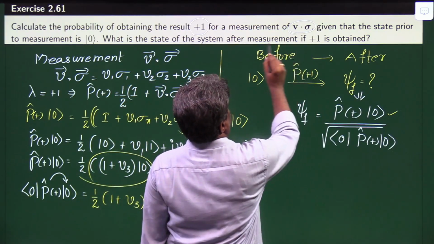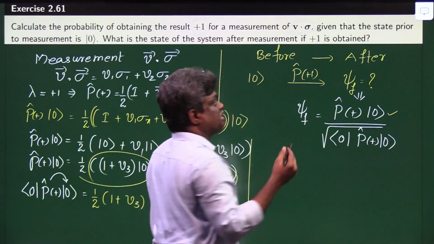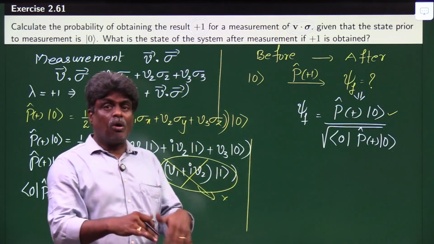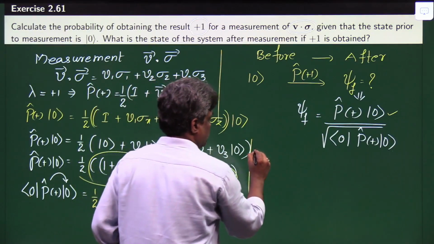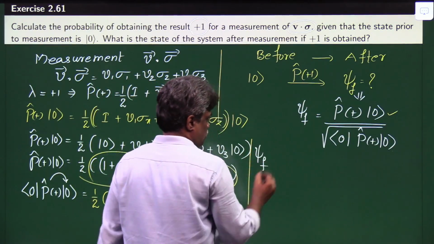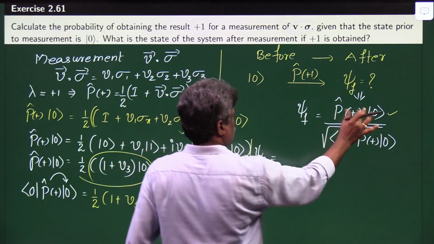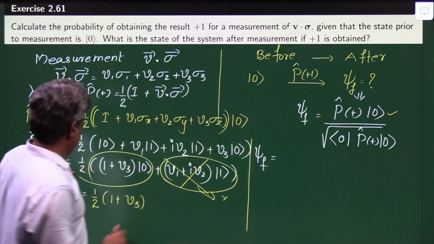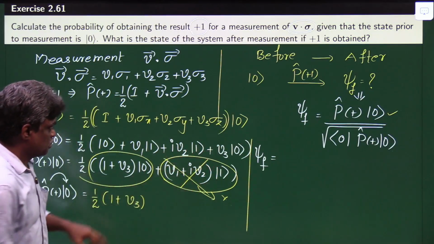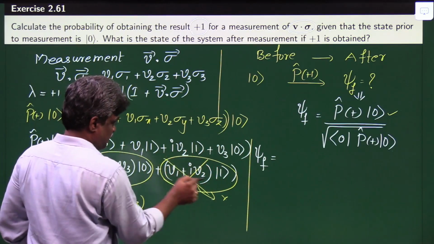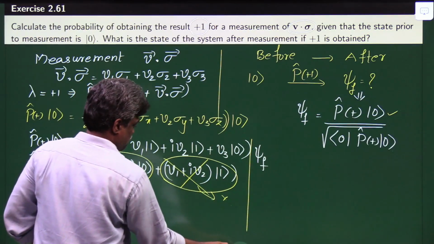So you can take it and substitute there. This is our last part: find the state of the system after the measurement, that is the final state. So psi final equals, this numerator, if you observe carefully, is our numerator. So I request you please take this also. Okay, so wait a minute.